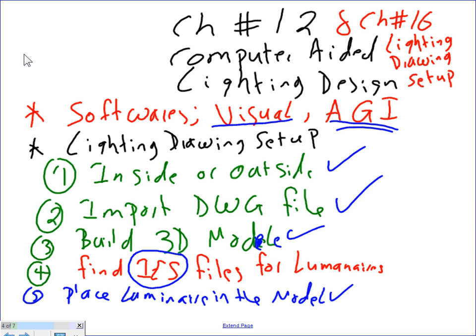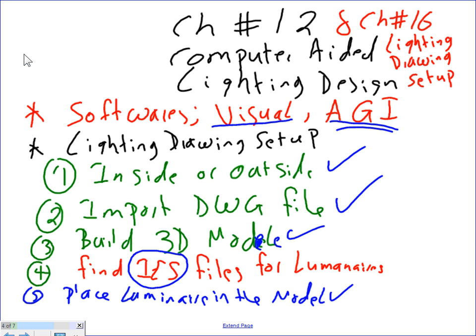Decision 2, import the drawing from CAD. The DWG file, import it into Visual, right? Isn't that what we did? Remember, we imported the DWG file into Visual or AGI? Okay. Then the next step, build the 3D model. And Ashley put all these rooms all over in the model that we did. We built the model.